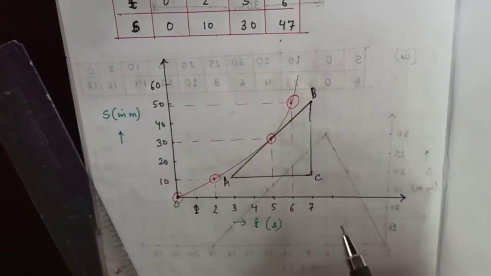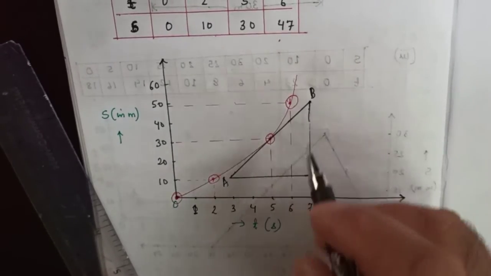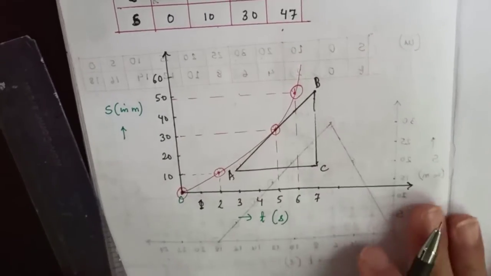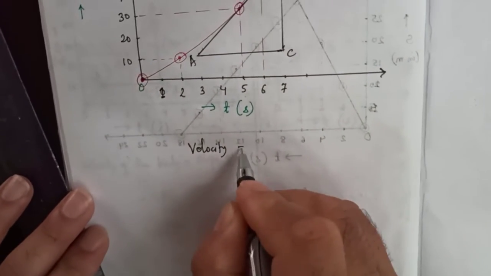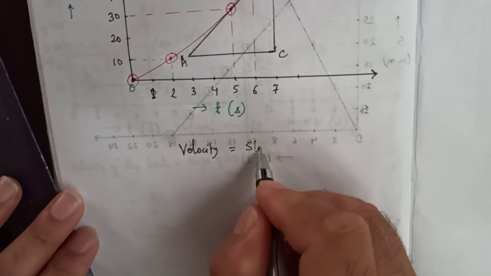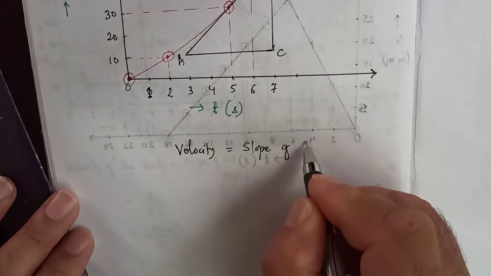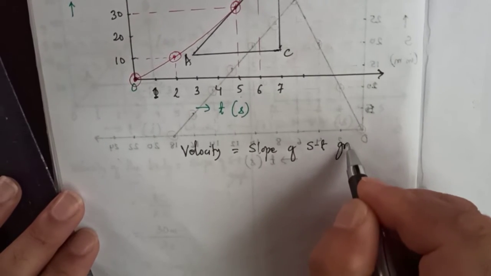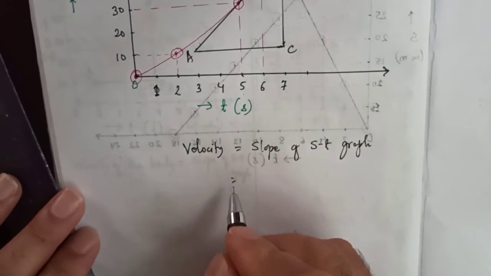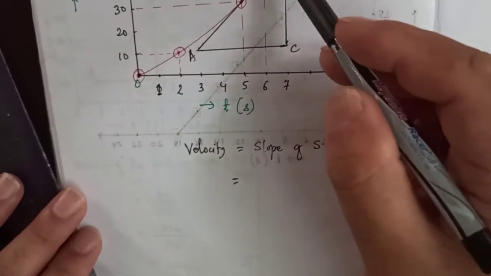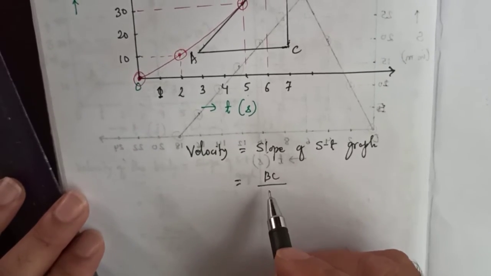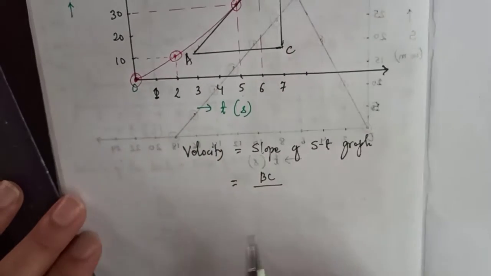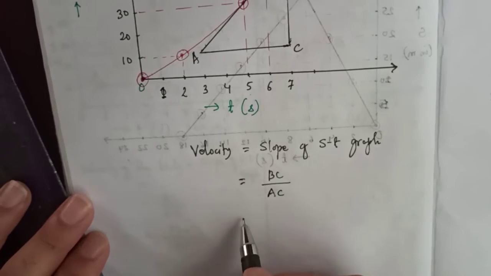If we calculate the slope, then we can calculate it like this. The velocity of the body will be given by the slope of the displacement time graph, and the slope in this case is perpendicular by base. Perpendicular is BC, slope means tan theta means perpendicular by base, and base is AC.